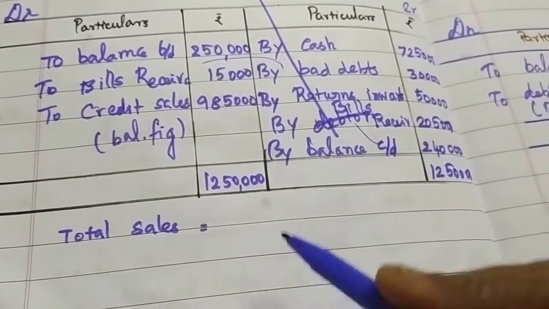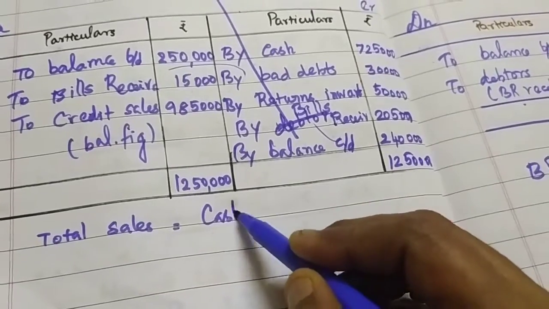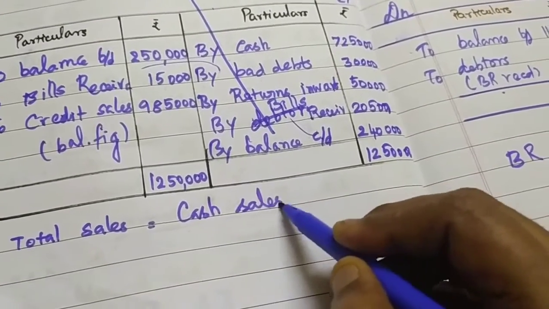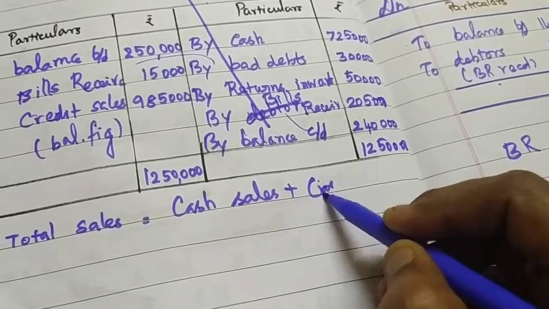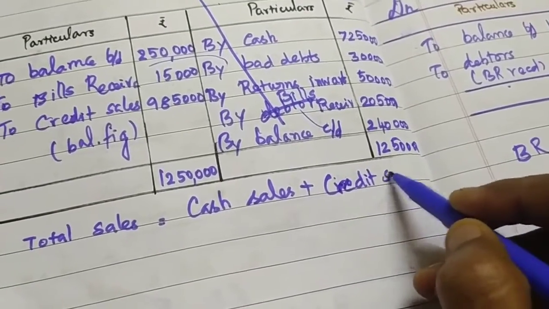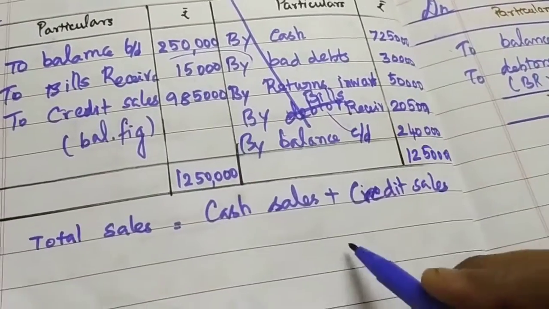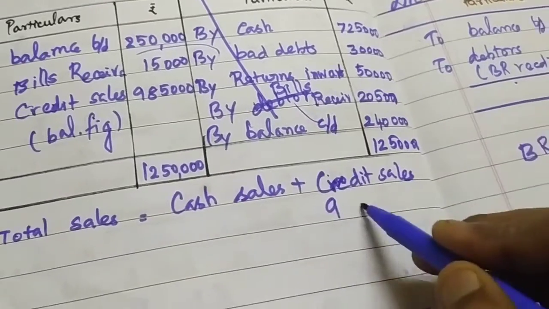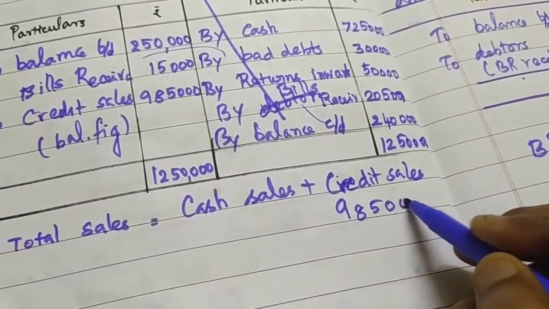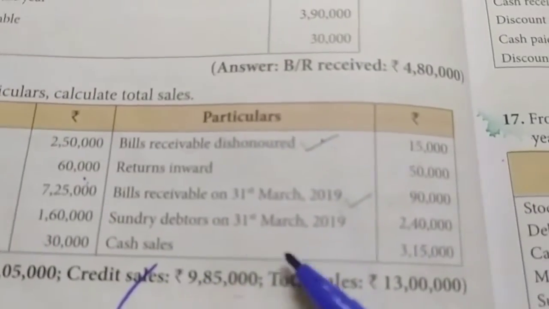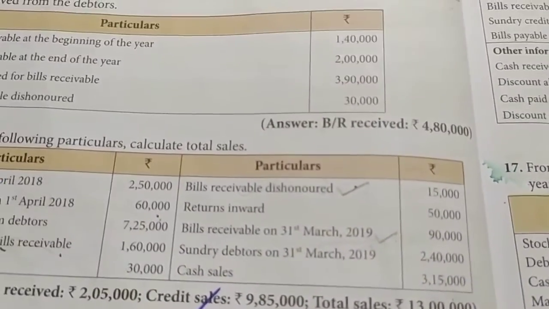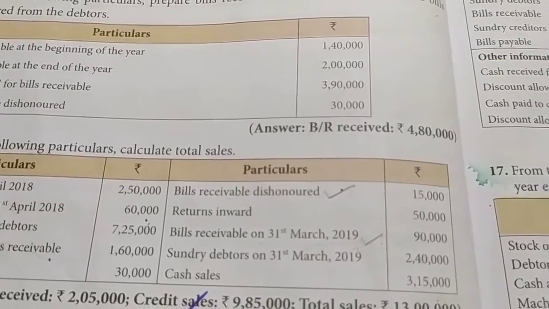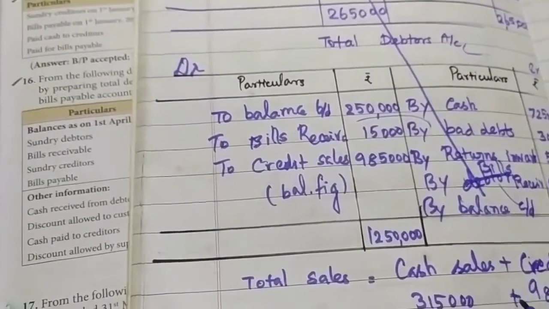After finding this credit sales, now it will be easy for you to calculate total sales. Cash sales plus credit sales is equal to total sales. Credit sales we have calculated as 9,85,000, and cash sales is given in the sum, 3,15,000. So cash sales plus credit sales.